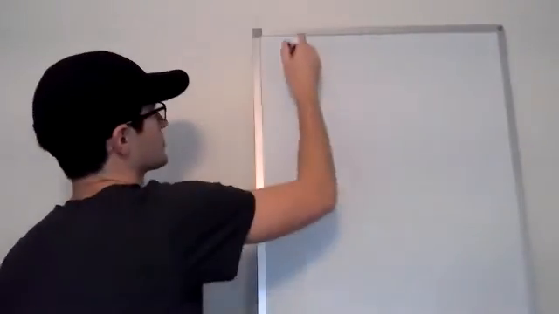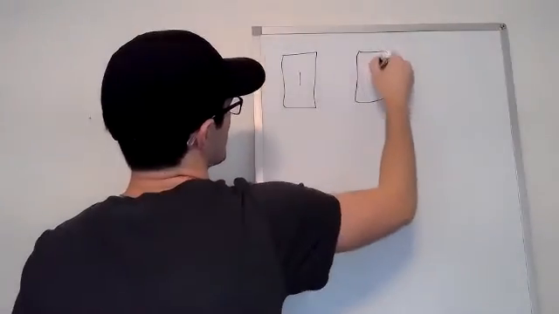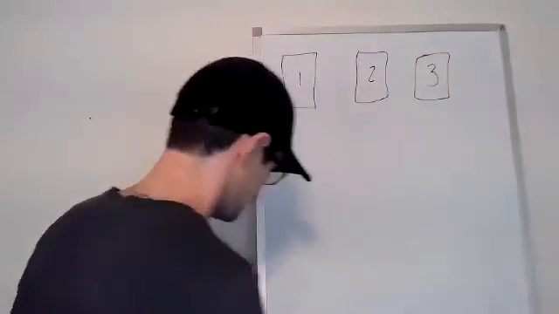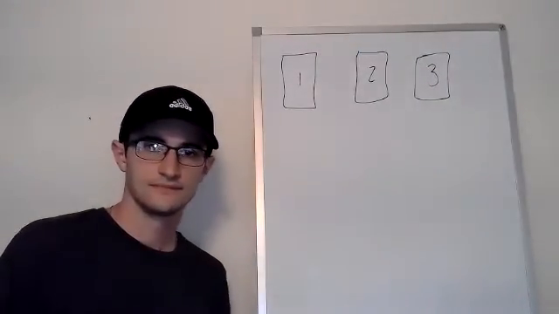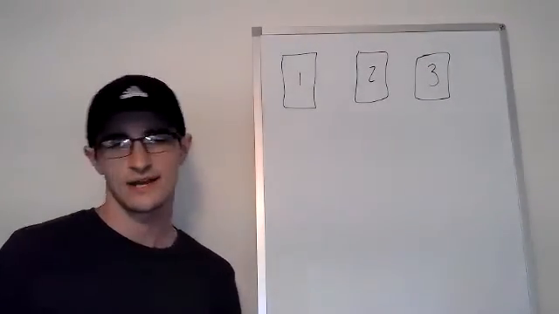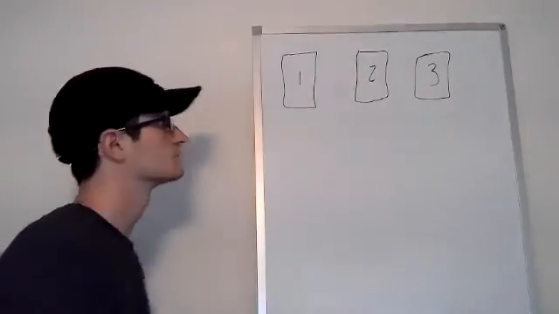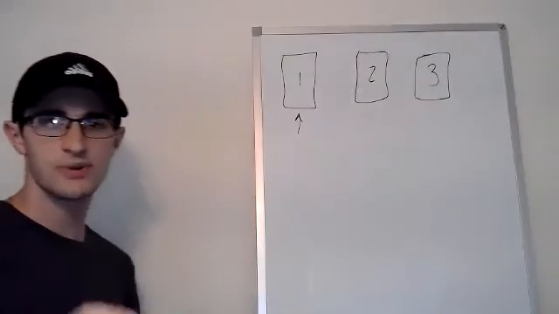So again, 3 doors in the game show. We got door 1, door 2, door 3. So I ask you, I'm the game show host. Okay, so pick a door, 1, 2, or 3. We'll say you pick 1. Now I say, okay, you picked 1.